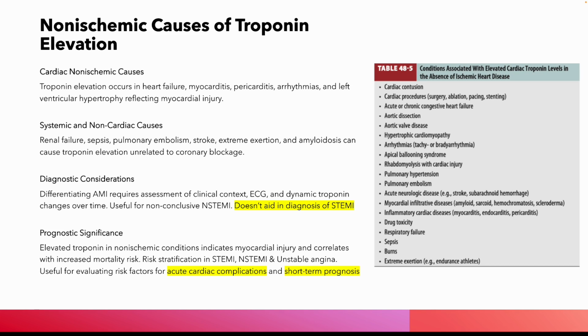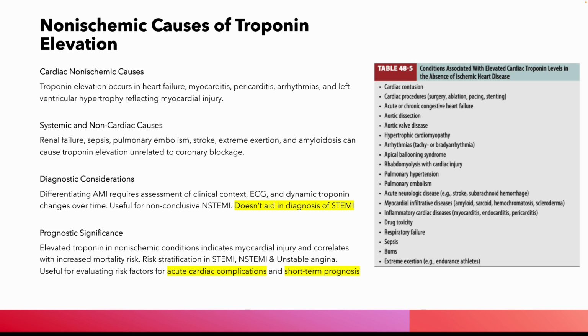Now, the use of troponin. It's very useful for diagnosing non-conclusive NSTEMI, non-ST elevation myocardial infarction, because to confirm a non-STEMI you would need a cardiac biomarker like troponin. However, it doesn't aid in the diagnosis of a STEMI, because STEMI is an ST elevation myocardial infarction.